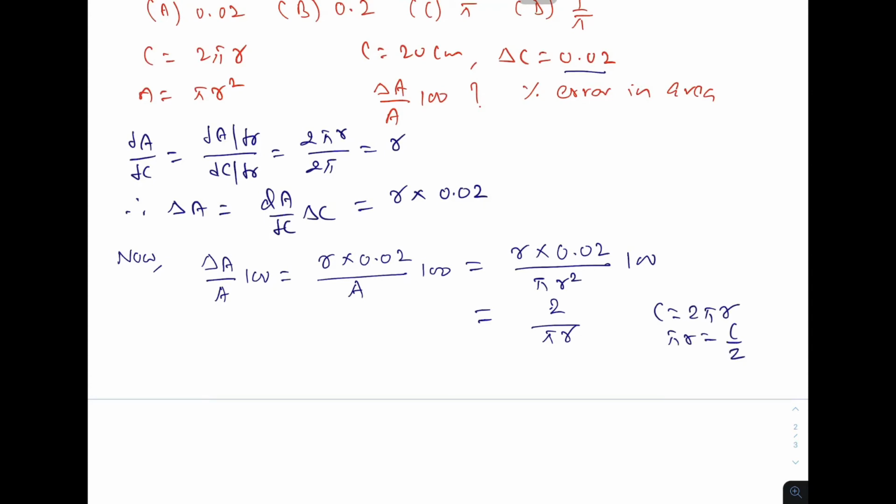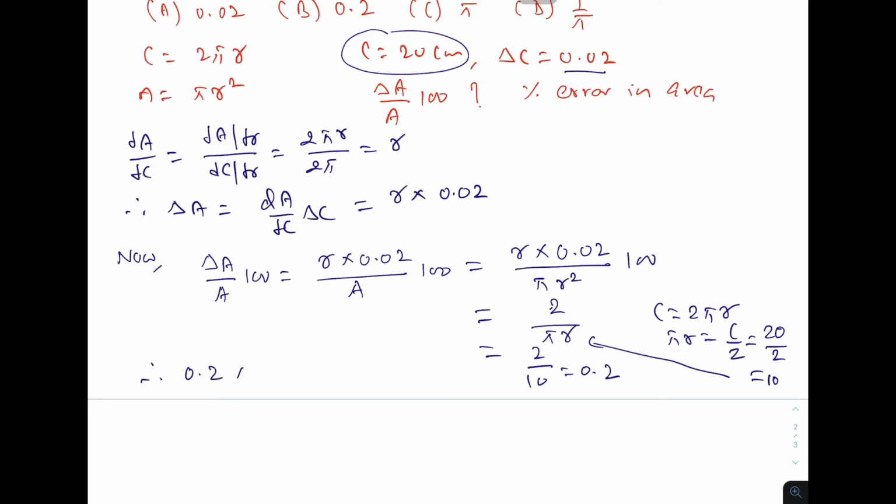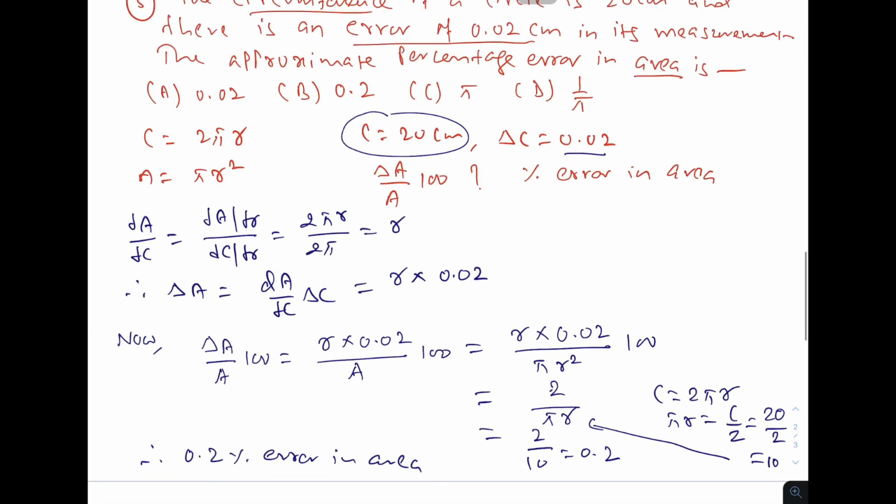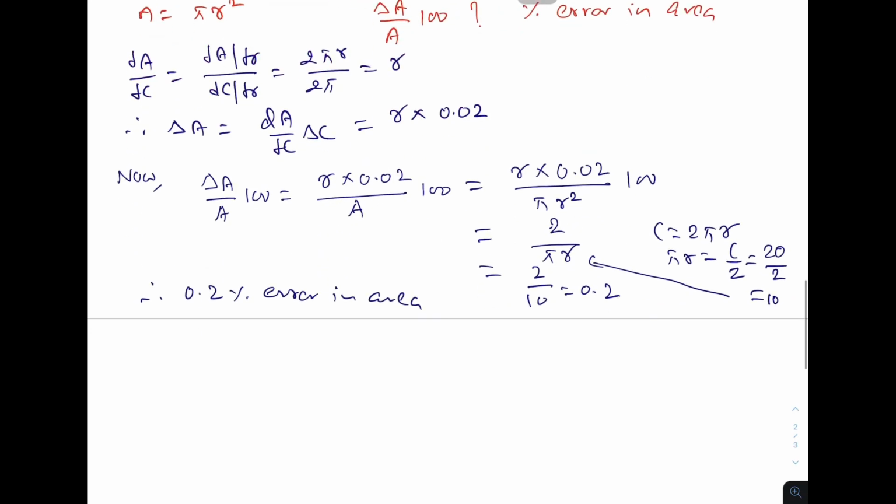So pi r equal to C by 2, and C is given 20. So 20 by 2, and so that is nothing but 10. So we can put it here 10. So this is 2 by 10. So that is nothing but 0.2. So therefore 0.2 percentage error in area. So answer is 0.2%.